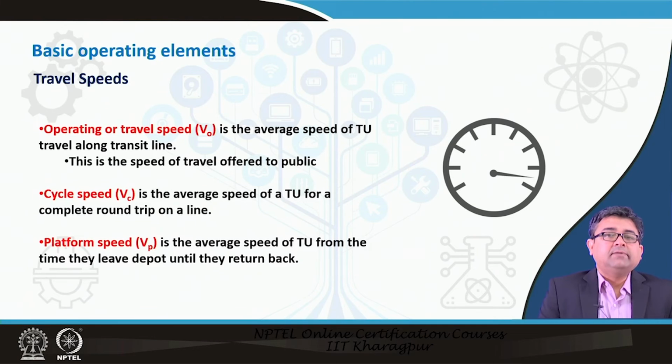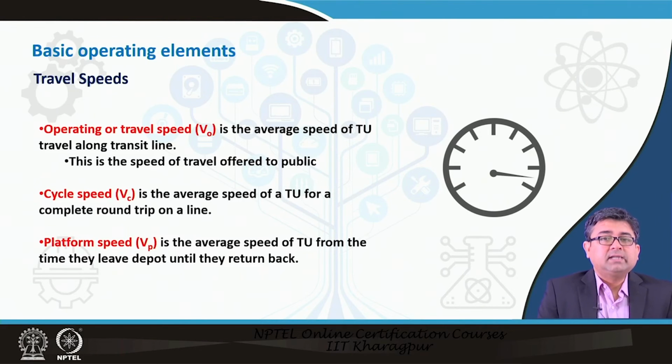Now, operating or travel speed is the speed that is offered to the public. When we say that a transit line operates at this operating speed or travel speed, what we mean is the average speed of TU travel along the transit line. The average speed, at some times of the day it can be higher, at some times of the day it can be lower based on congestion on the street. If it is a metro kind of transit, operating speeds are pretty constant throughout the day, depending upon headways of course, but it is usually pretty similar throughout the day.